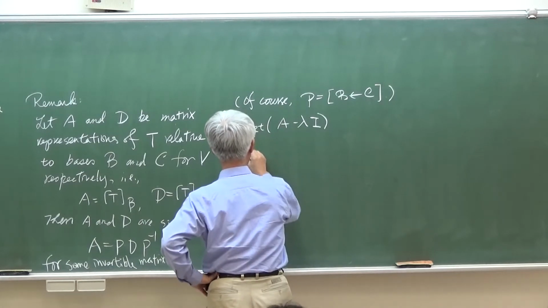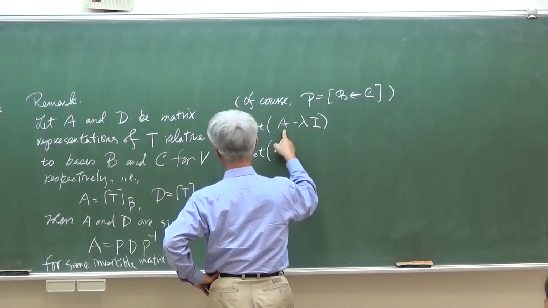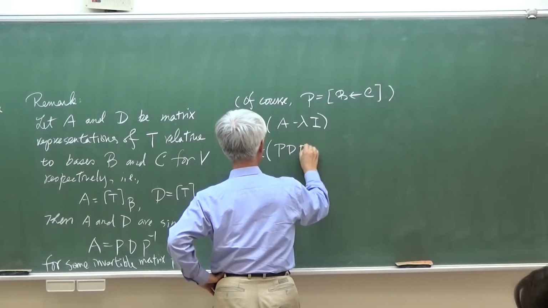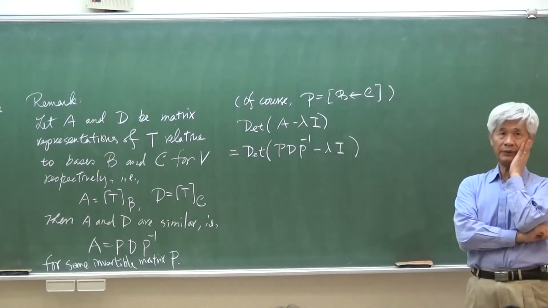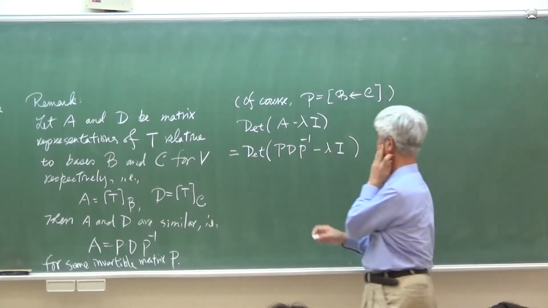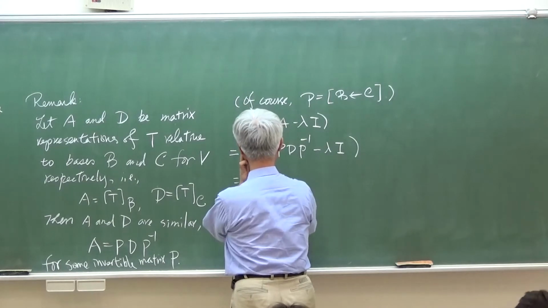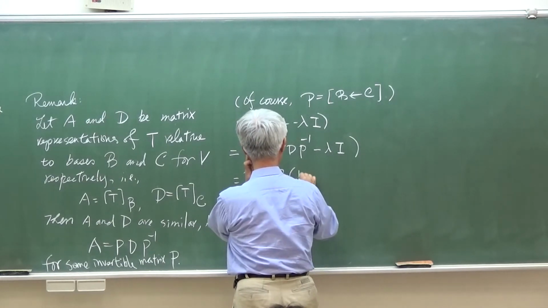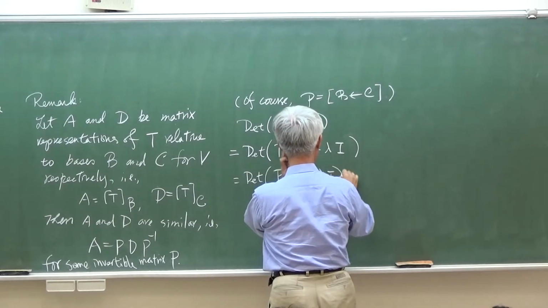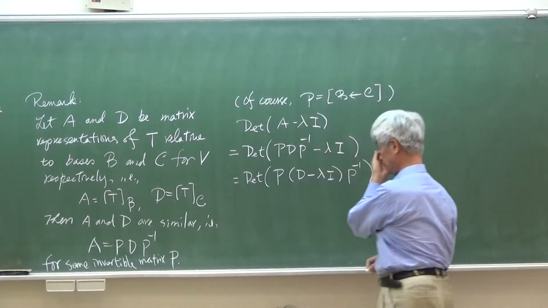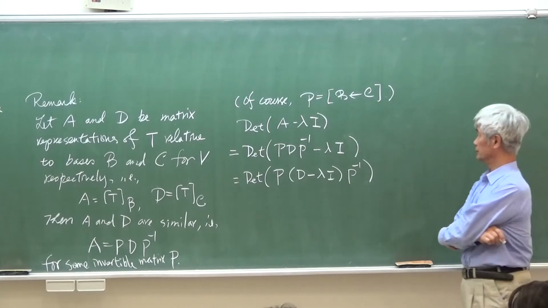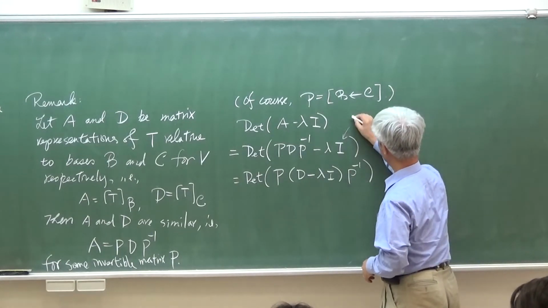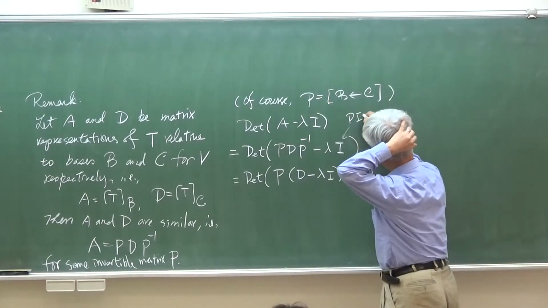Sorry, it becomes P D P inverse minus lambda I. So we do the substitution, because that I is P I P inverse.